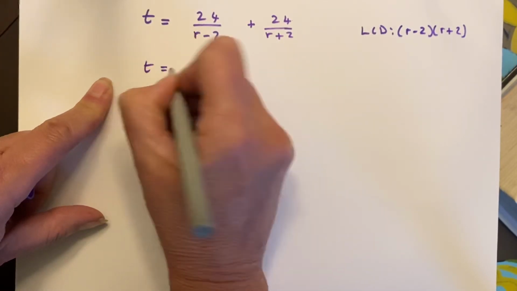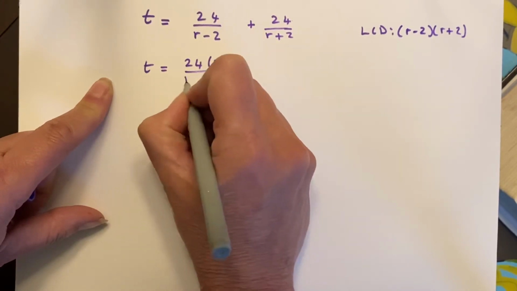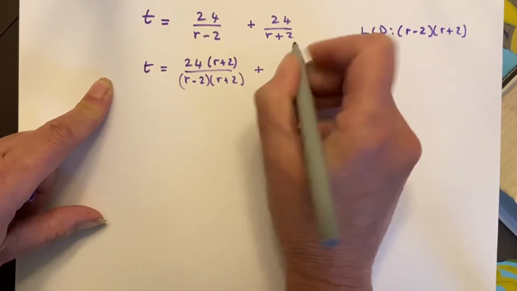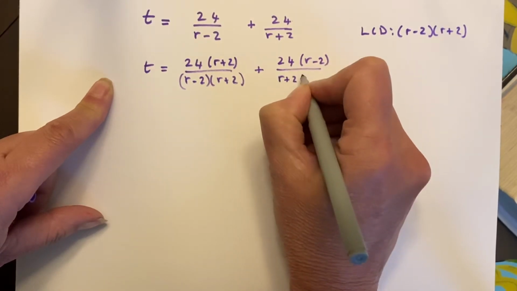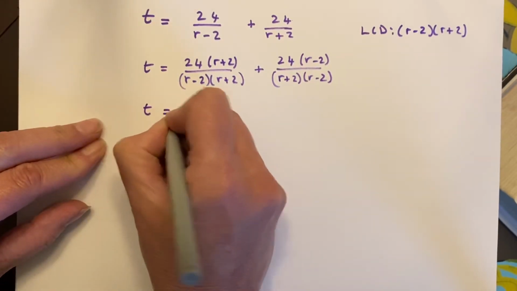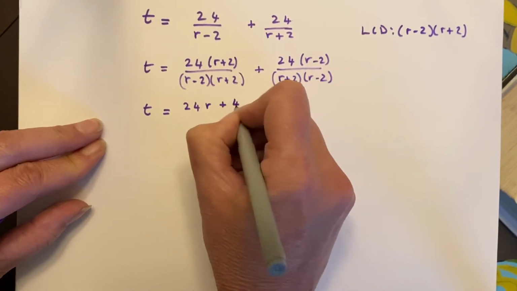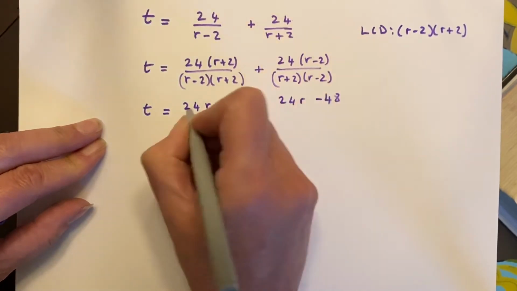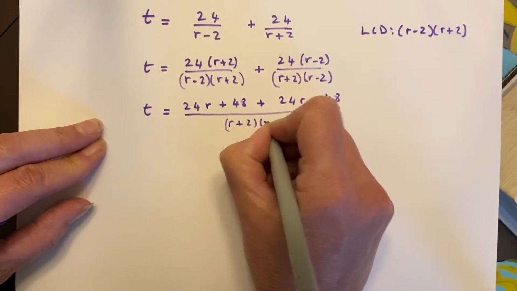So we're going to say T equals 24 and multiply this by R plus 2 and also multiply the bottom by R plus 2. And we're going to do the reverse here and multiply by R minus 2 over R minus 2. And we end up with T equals 24R plus 48 plus 24R minus 48, all of which is over R plus 2, R minus 2.